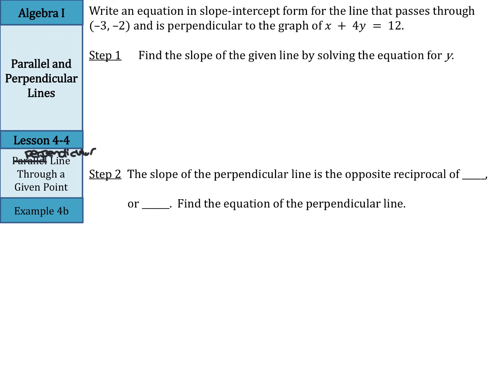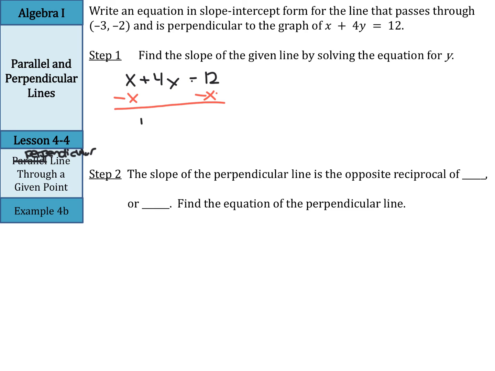So as we go to solve one last example, write an equation in slope-intercept form for the line that passes through (-3, -2) and is perpendicular to the graph of x plus 4y equals 12. So we need to get this into slope-intercept form first. Get that y alone, so subtract x from both sides first.